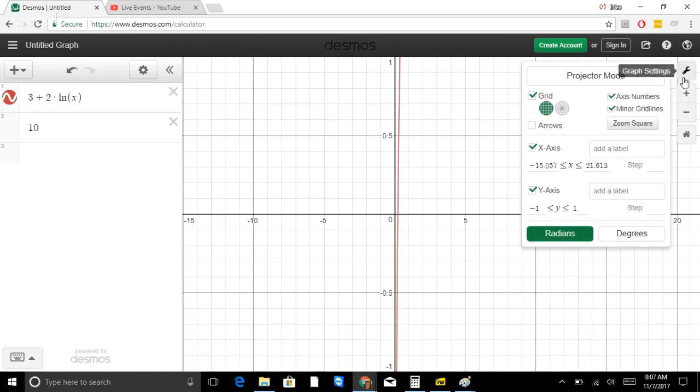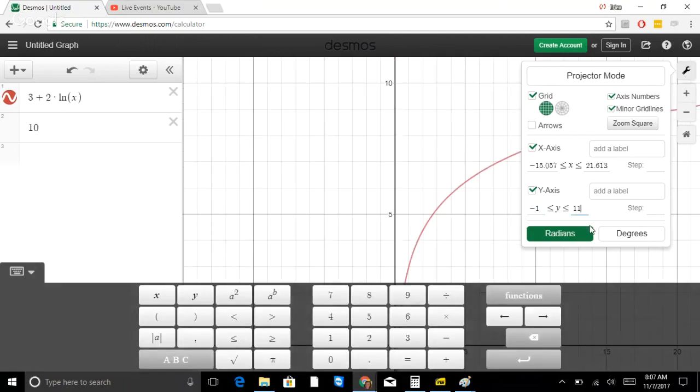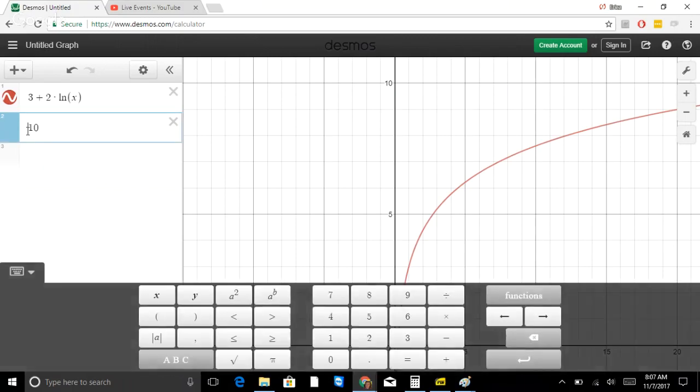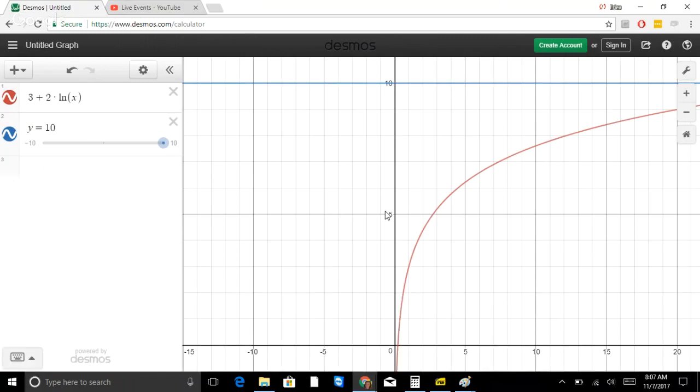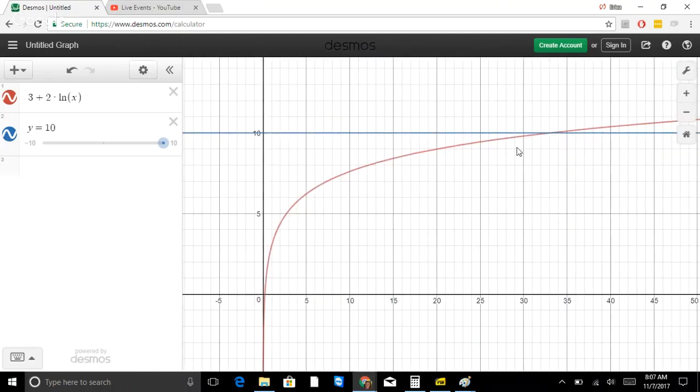Change my viewing window again, from -1 to 11. That's better. And then I forgot, Desmos makes you say y equals 10 to define it. It looks like my viewing window is okay on my y-axis, but I need to go out a little on my x-axis. And where do the two intersect? That is when x equals 33.115.